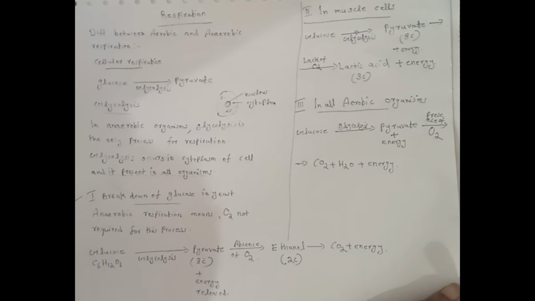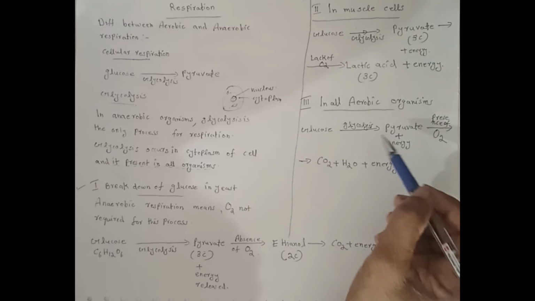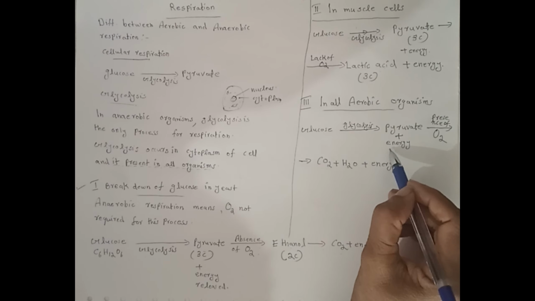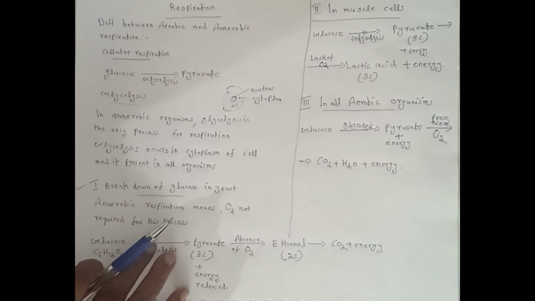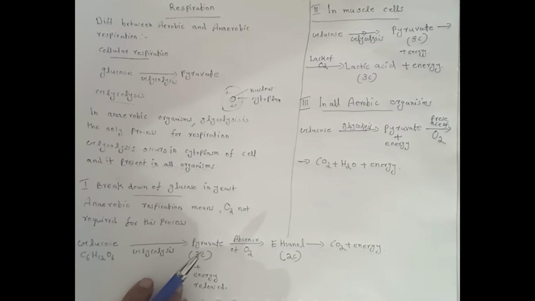Here we can see energy. That means 2 ATP molecules of energy are released in glycolysis, and two ATP molecules are formed after glycolysis in all cases.